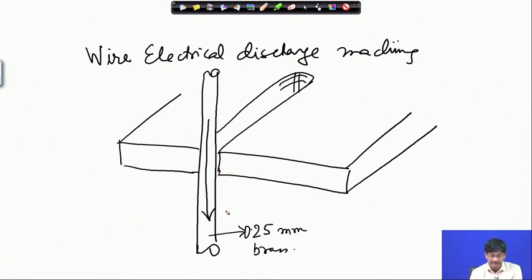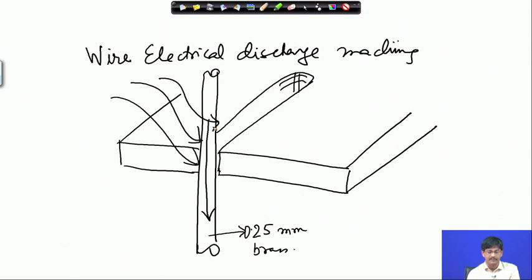But suppose I give an electrical connection to this, and I am providing voltage pulses, and I am flooding the whole place with some dielectric fluid, say deionized water or kerosene.